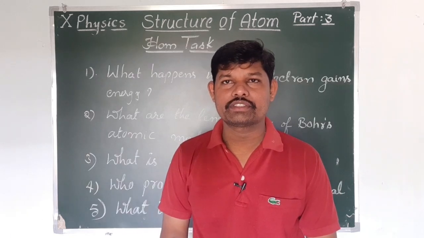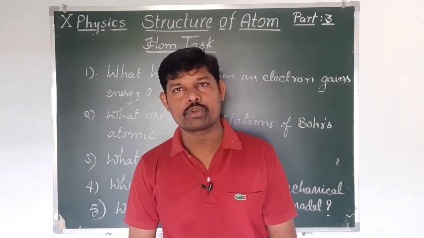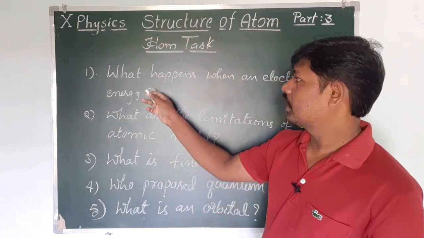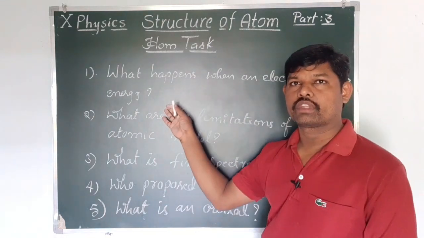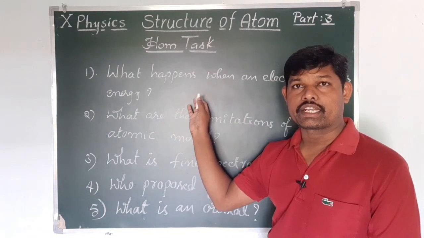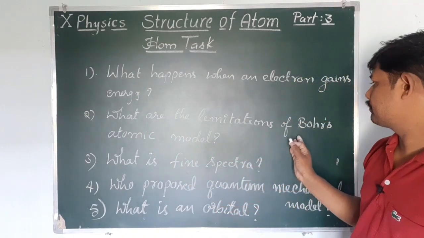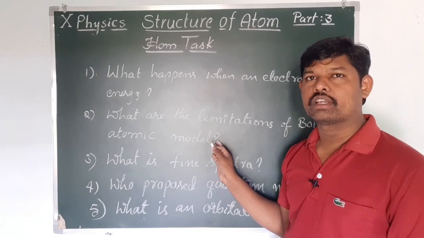My dear children, I think you have understood. From this I am giving five questions for home task. Complete the home task. First question, what happens when an electron gains energy? Second question, what are the limitations of Bohr's atomic model?